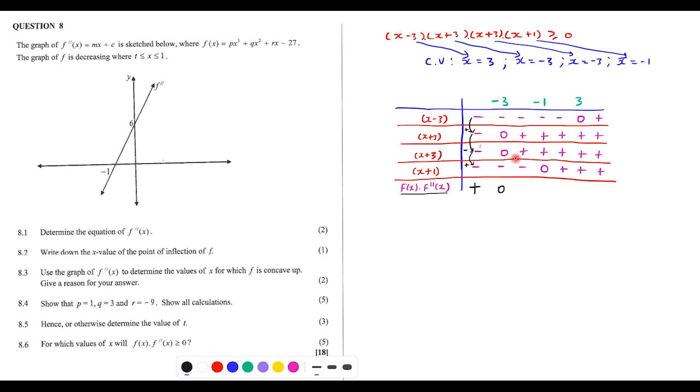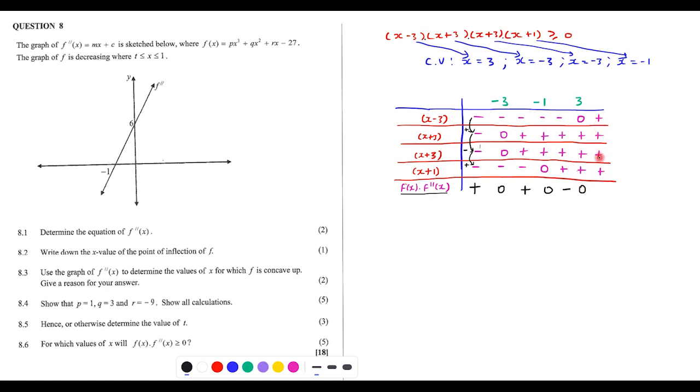And then here, negative times positive is a negative, times a positive, still a negative, times 0, then it becomes a 0. Then negative times positive is a negative, times positive is a negative, and again times a positive is a negative. Then 0 times a positive is 0, times a positive is 0, times a positive is 0, and then positive, positive, positive, of course, is a positive, right?